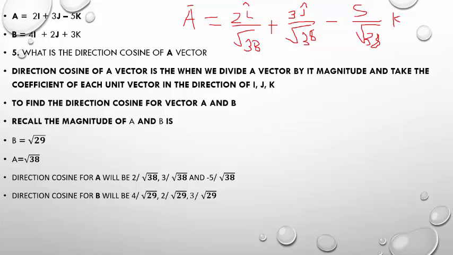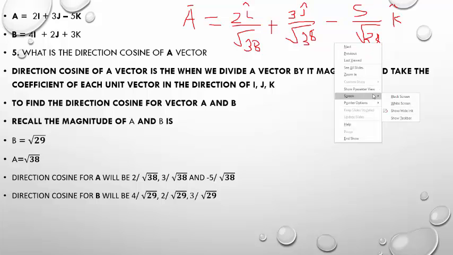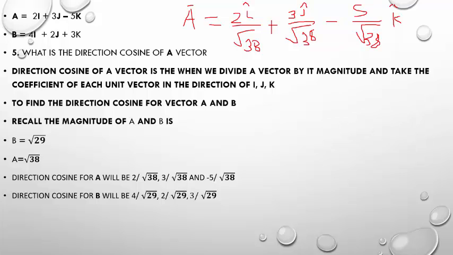So the direction cosine for A will be the coefficient of i, the coefficient of j, and the coefficient of k.